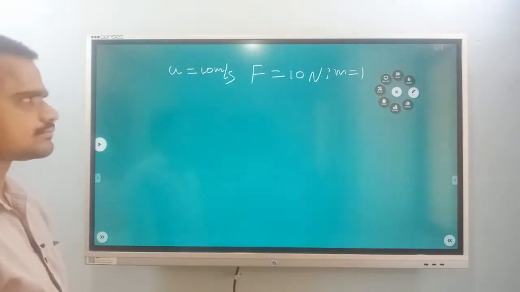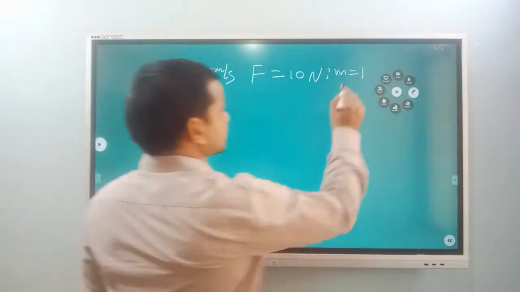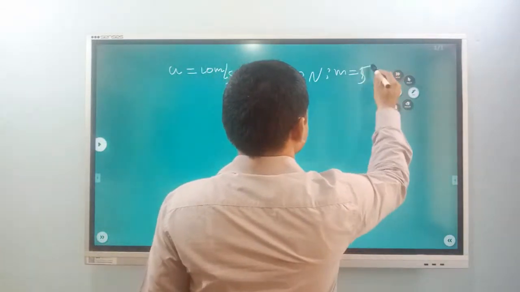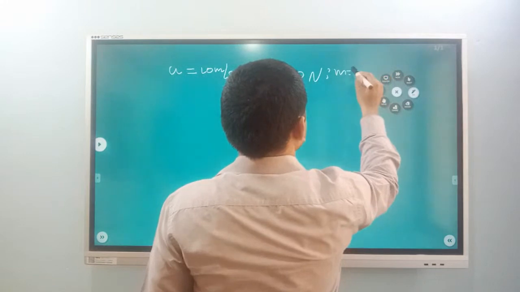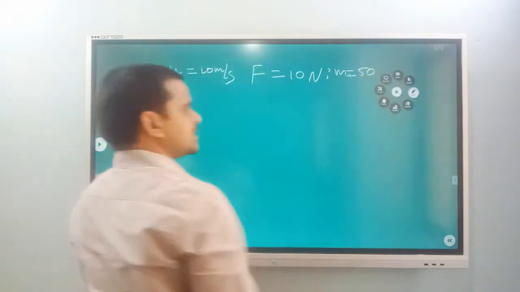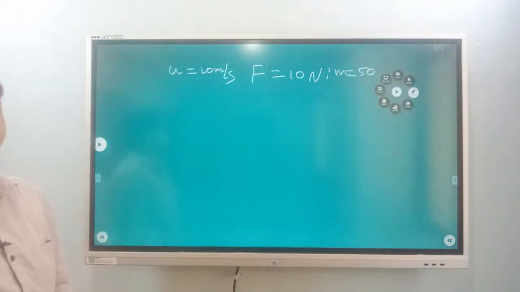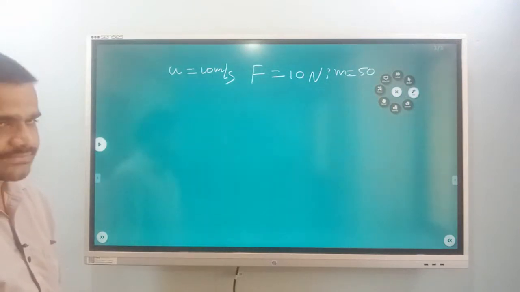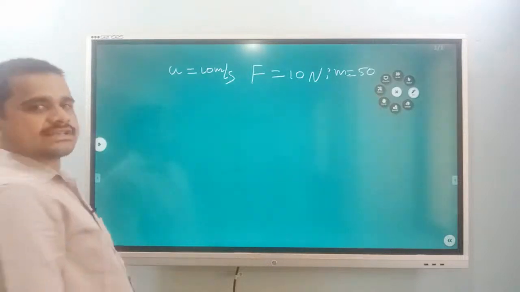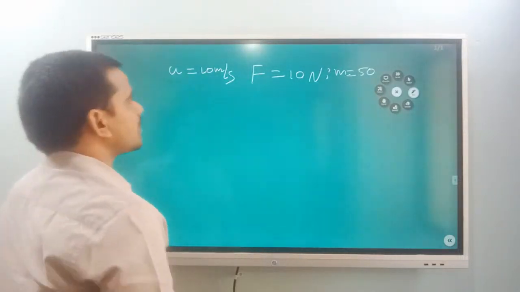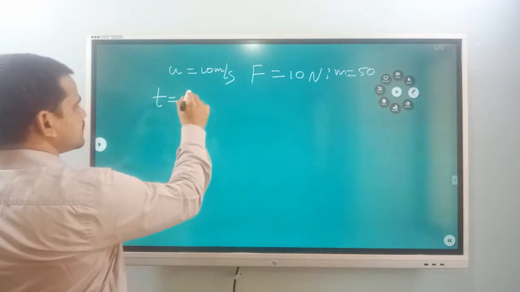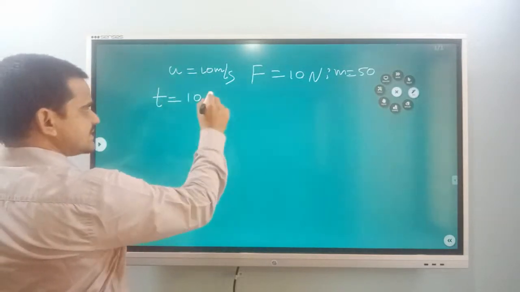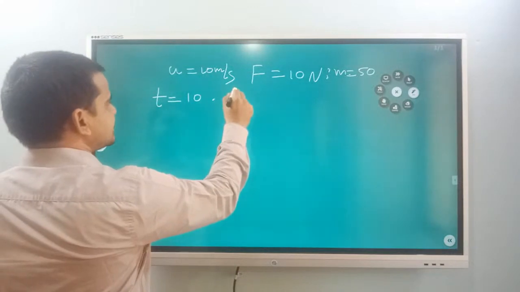Take it, mass of the body as 50 kg, anything. Mass of the body is 50 kg. Now my question here is, after 10 seconds, what is its displacement?